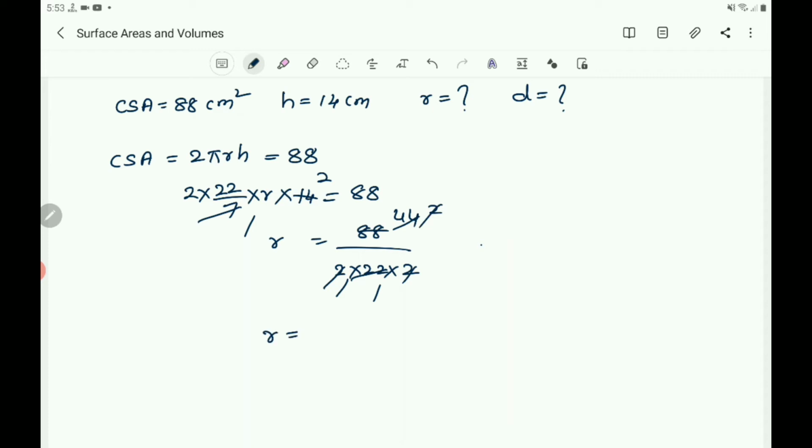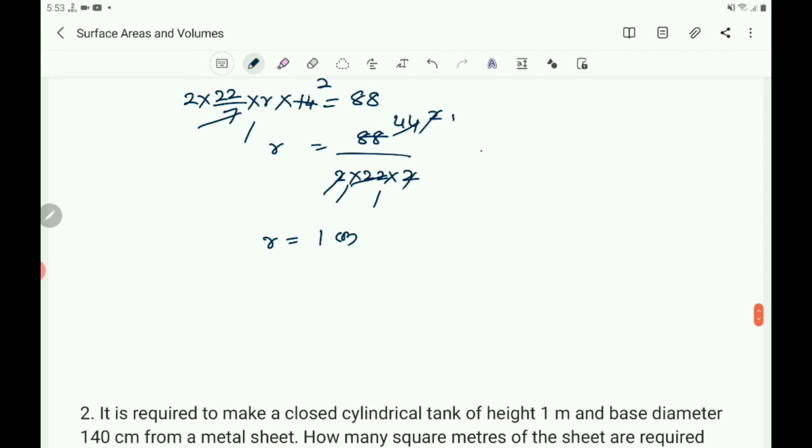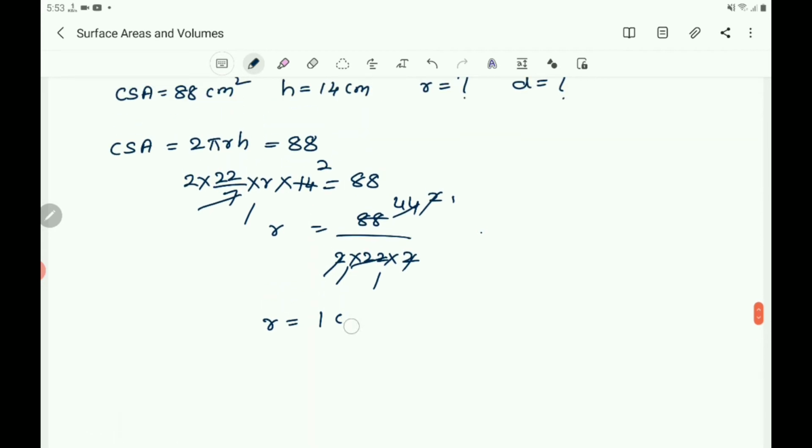So you got that, what is there? Ones are, so it is 1 centimeter. Radius is 1 centimeter. Then what is the diameter? You know that diameter is always twice the radius.